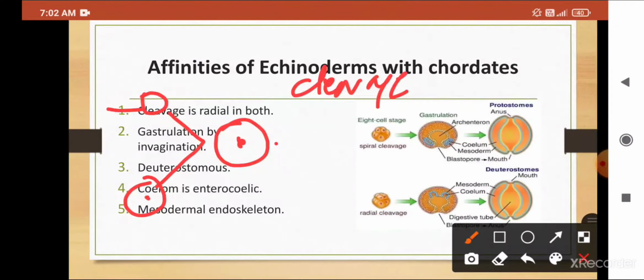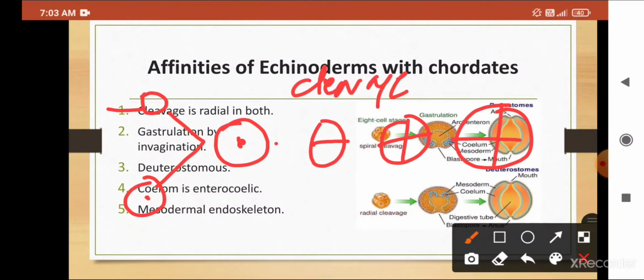In cleavage, the zygote first divides into two cells, then the two cells divide into four cells, then the four cells divide into 8 cells. Similarly, the 8-celled structure develops into a 16-celled structure.